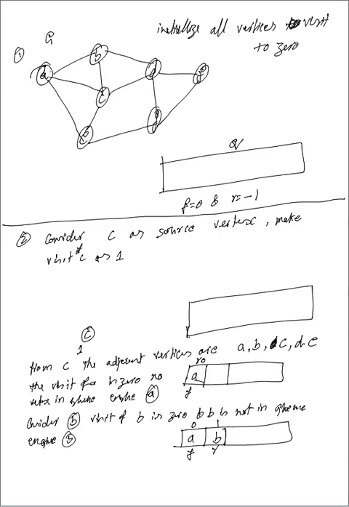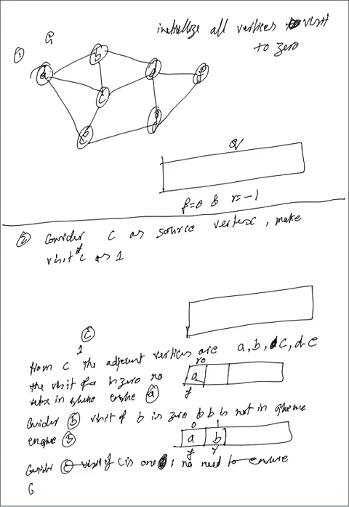Next what you have to do, B is over. Next you consider C. Consider C. Visit of C is 1. Or you can write 1 like that. No need to NQ.